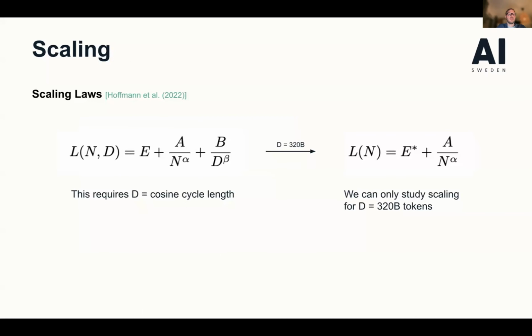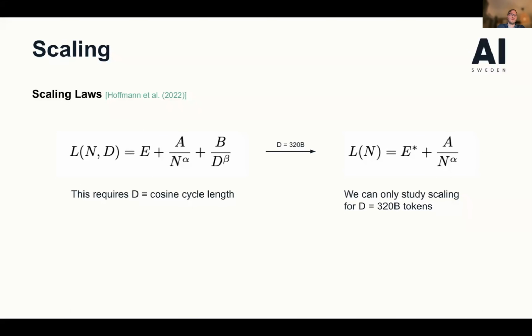Last technical thing I want to talk about is scaling. What is shown here on the left is the loss function as it is used by the Chinchilla paper, Hoffmann et al. They basically have this function to describe the loss as a function of the model size N and the dataset size D. But as you probably know, this requires the dataset size to be equal to the cosine cycle length that I showed before when I talked about the learning rate schedule.